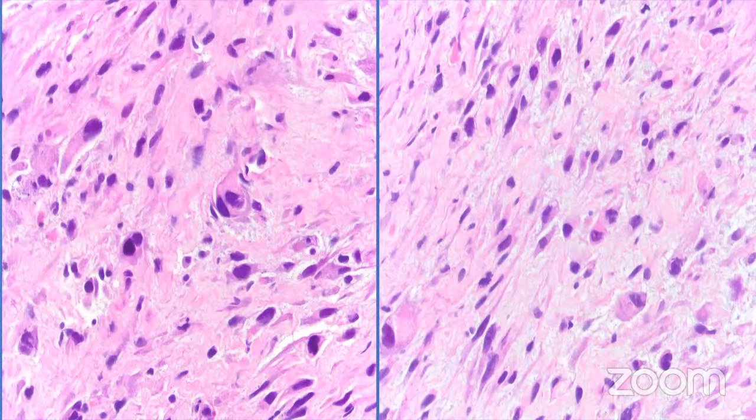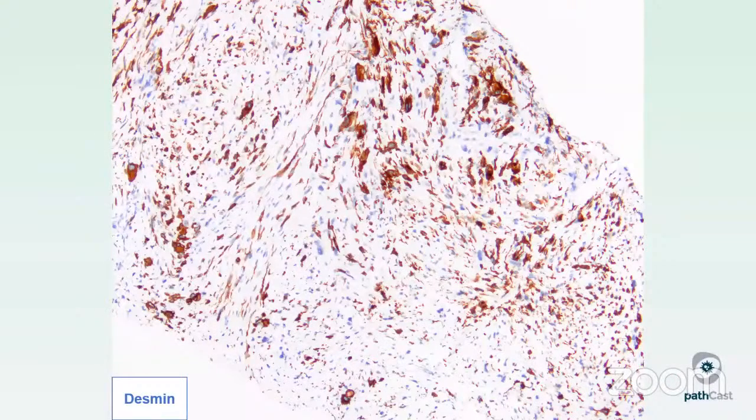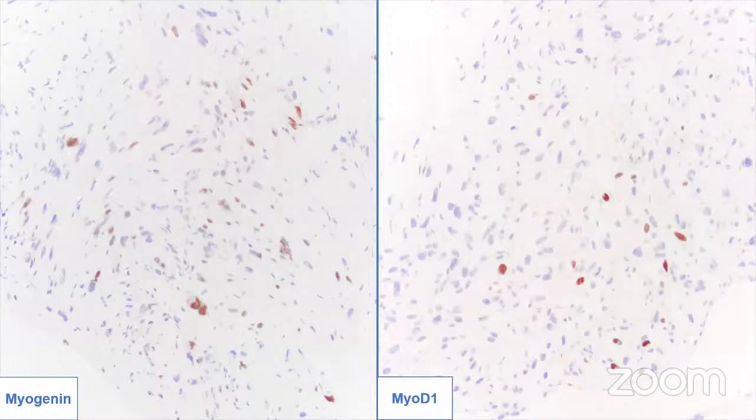The diagnosis really hinges on the immunohistochemistry. Usually there's patchy expression of desmin, and the expression of either myogenin or MyoD1 is a requirement for this diagnosis. However, it could be very, very focal. We could be talking about a handful of cells expressing either myogenin or MyoD1.